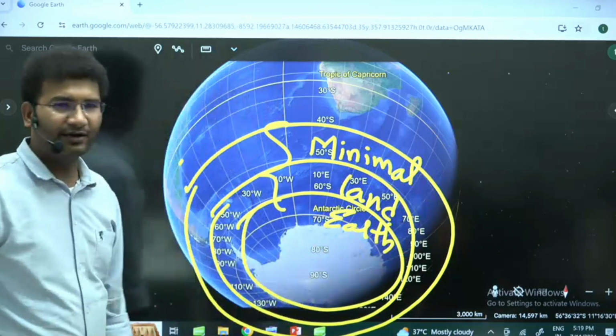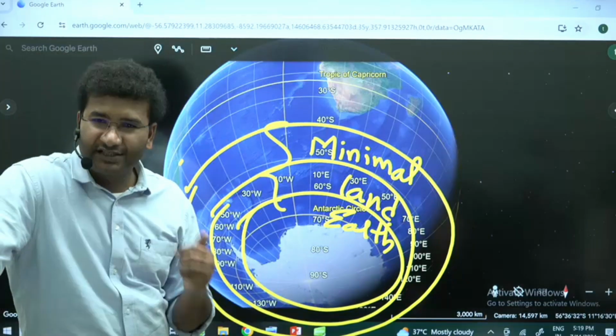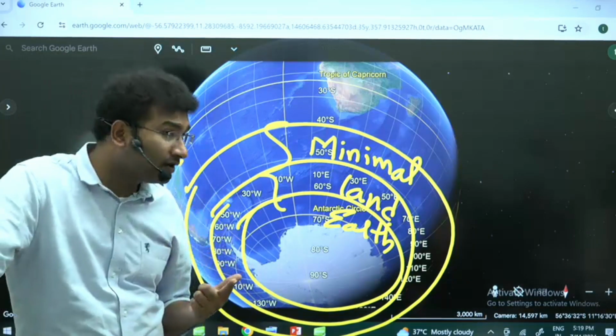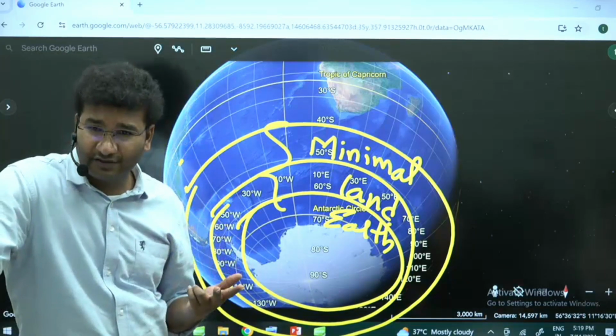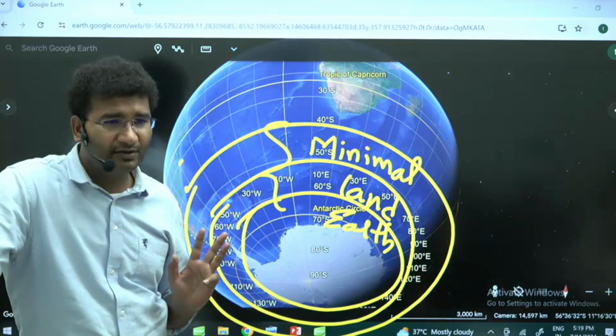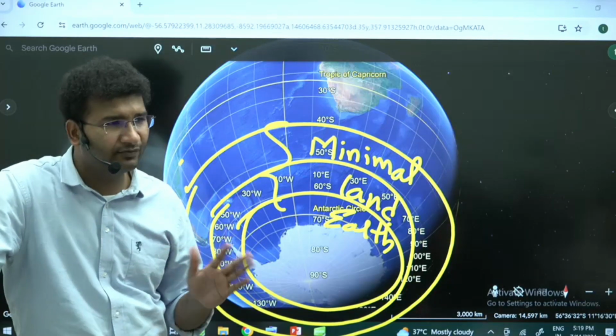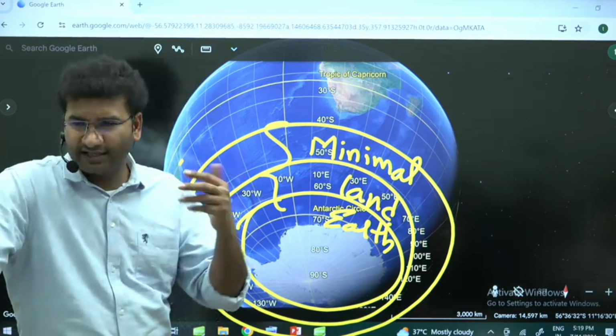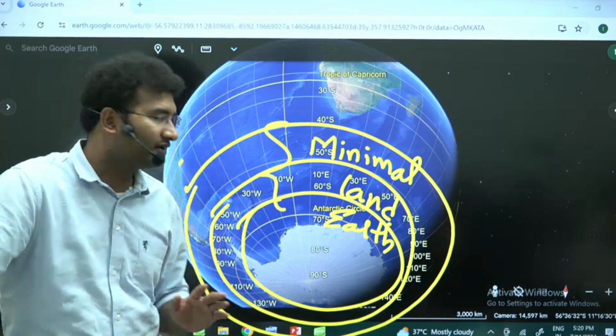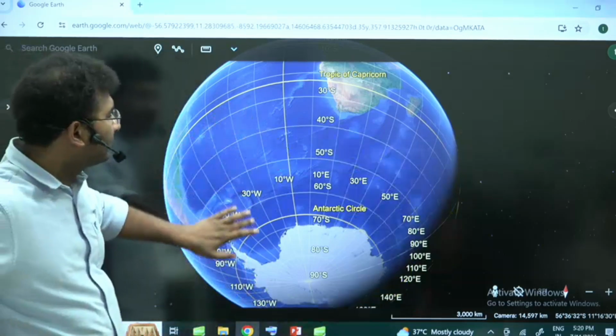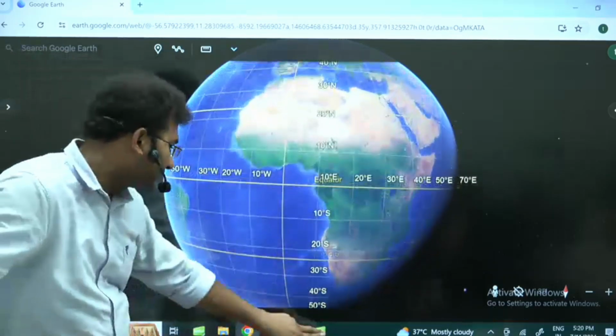You have very minimal land on the earth, so that's why the winds will be faster, the movement of the water will be faster, and evaporation will also be faster. Everything will be faster. If the evaporation is faster, the rainfall will also be faster. Why and all, I'll explain in the next 15-20 odd minutes. Right? Now let's try to understand the other factor, the third factor.